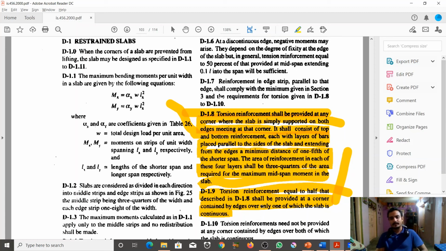D 1.8 is 3 by 4 of the area of reinforcement, and this value is halved, meaning 3 by 4 into area of reinforcement divided by 2. This is the reinforcement area required for the torsion reinforcement.